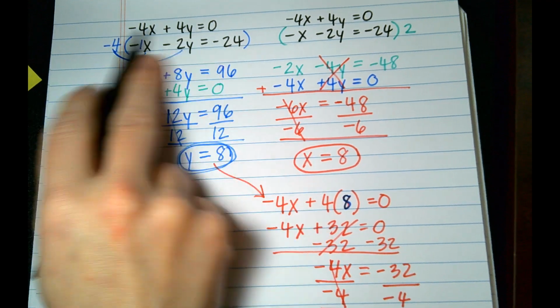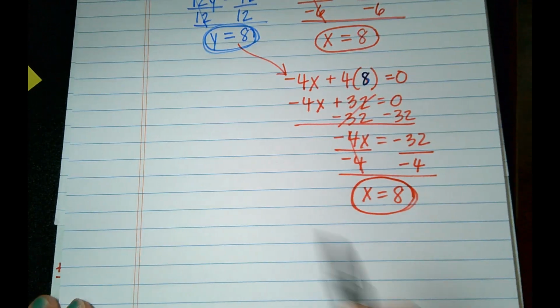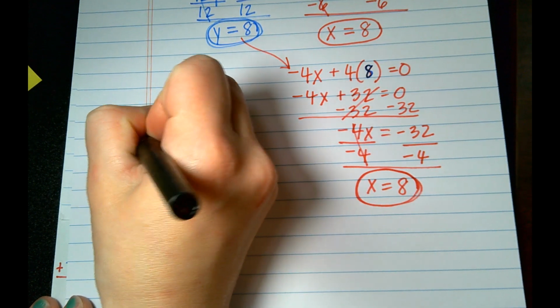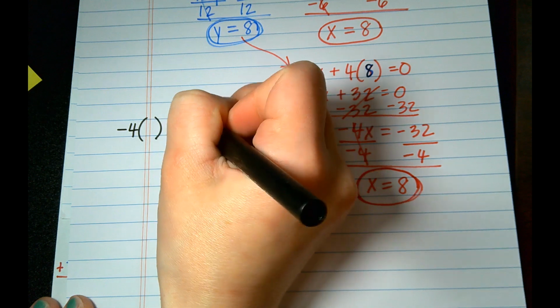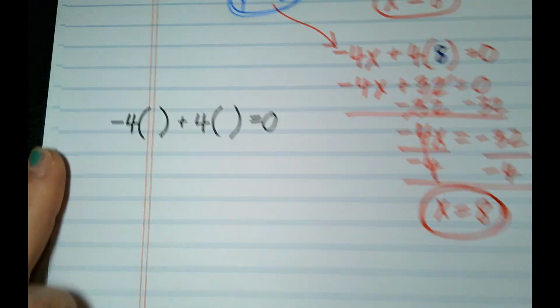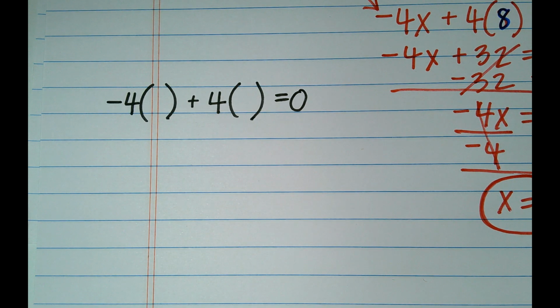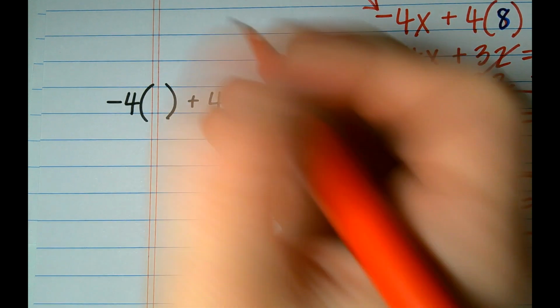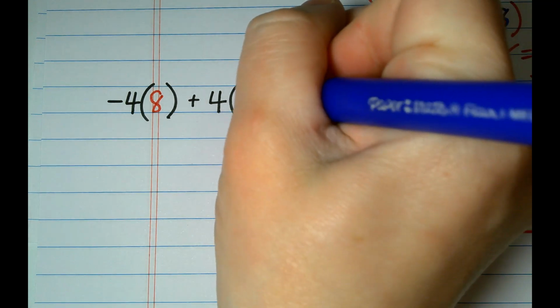Let's start with the first equation. Negative 4x plus 4y equals 0. We're going to plug them both in. So x was 8 and y was 8.